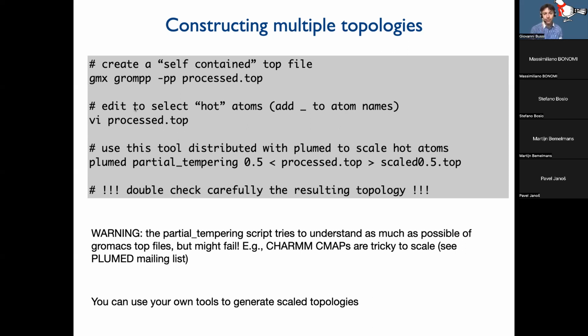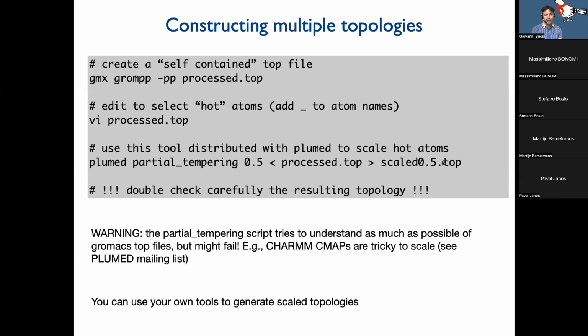You just have to select the atoms for which you want to increase the effective temperature, so scale down the energy, and add underscores to the names of those atoms. Then you use this script, in this example, to scale down the energy of those atoms by a factor 0.5 and produce a new top file that can be used directly in a new simulation.